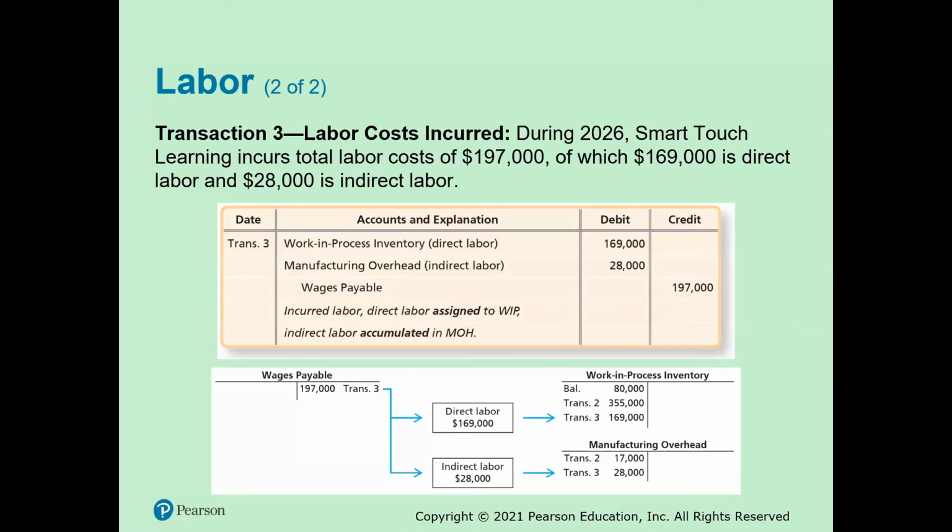The total cost of direct labor is debited to work in process inventory. The indirect labor costs are accumulated in manufacturing overhead by debiting that account. Now, this is the same treatment as for the direct and indirect materials illustrated back in transaction number 2.